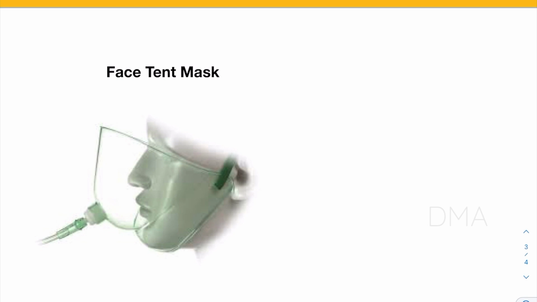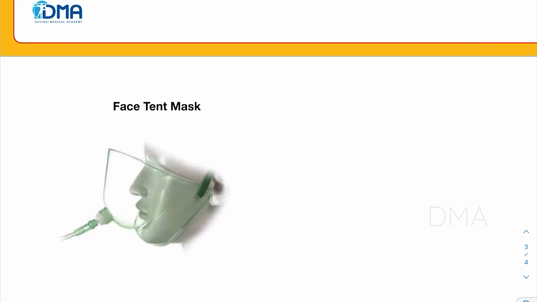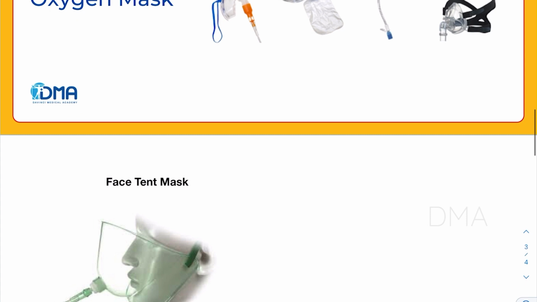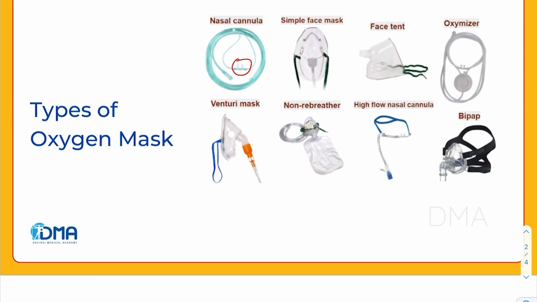We use it when the patient is feeling suffocated or can't tolerate a tight fitting face mask. Then we need to give them this face tent mask. As you can see, the face tent mask rests on the chin and there is an open top above the mask. So yes, to those kinds of patients, you give a face tent mask.